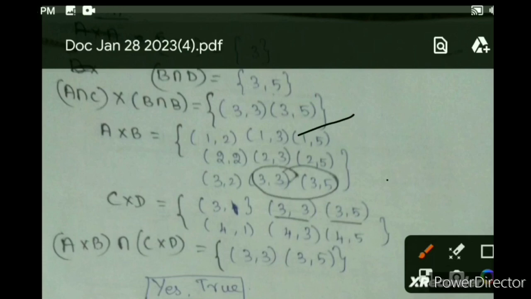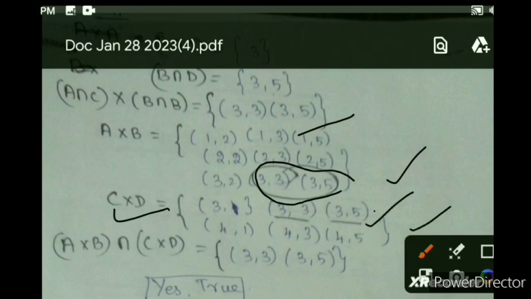Writing A and B, we will get the elements 1, 2, 1, 3, 1, 5, 2, 2, 2, 3, 2, 5, 3, 2, 3, 3 and 3, 5. Cross product of C and D, you just do by yourself and check the answers with me: 3, 1, 3, 3, 3, 5, 4, 1, 4, 3 and 4, 5. Intersection of these two, what? 3, 3 and 3, 5. So the given statement is true.